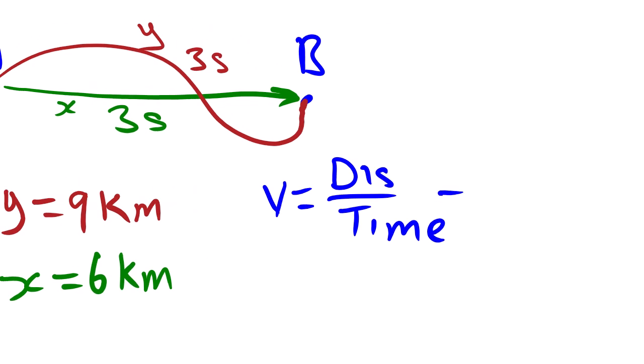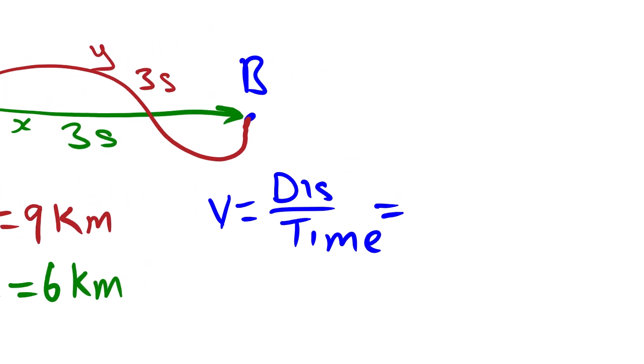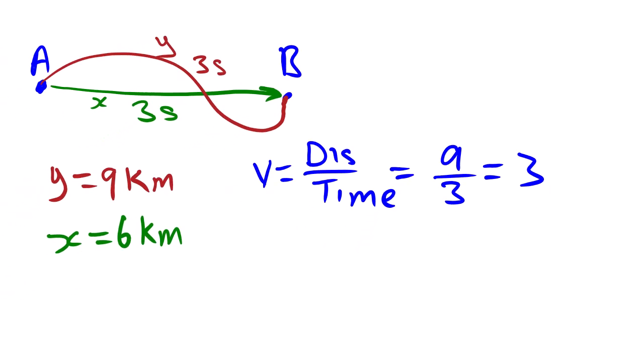Distance here is 9 over what? We are calculating for Y, so it's 9 over 3, which is equal to 3.